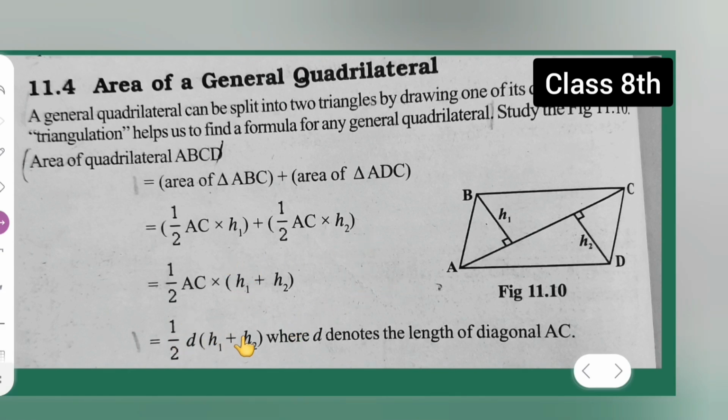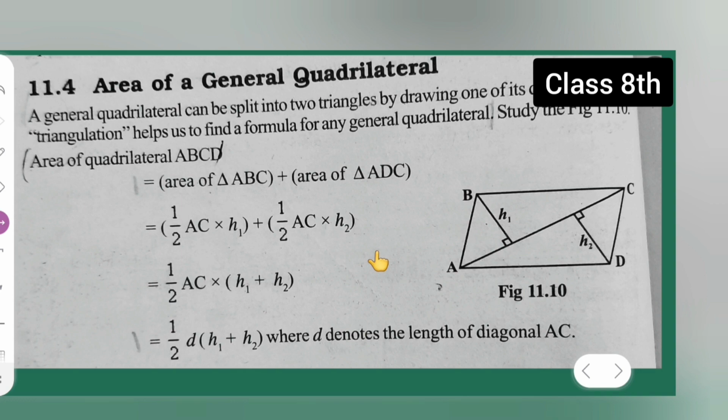AC I have taken as D, where D denotes the length of the diagonal AC. So in place of AC I have substituted D, and D denotes the length of the diagonal AC, right?